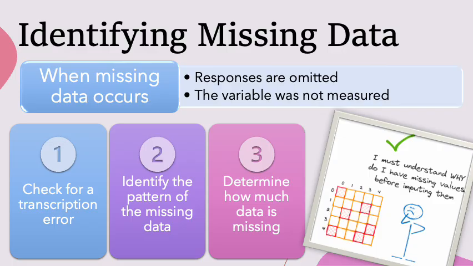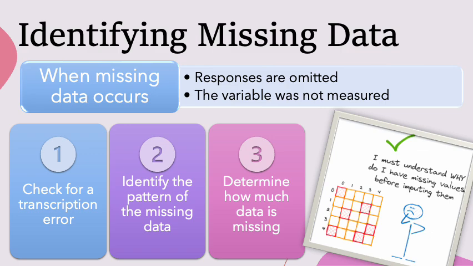In contrast, non-random missing data have an apparent pattern to them. Non-random missing data are more problematic than random missing data because the pattern can jeopardize the results as well as jeopardize both internal and external validity.